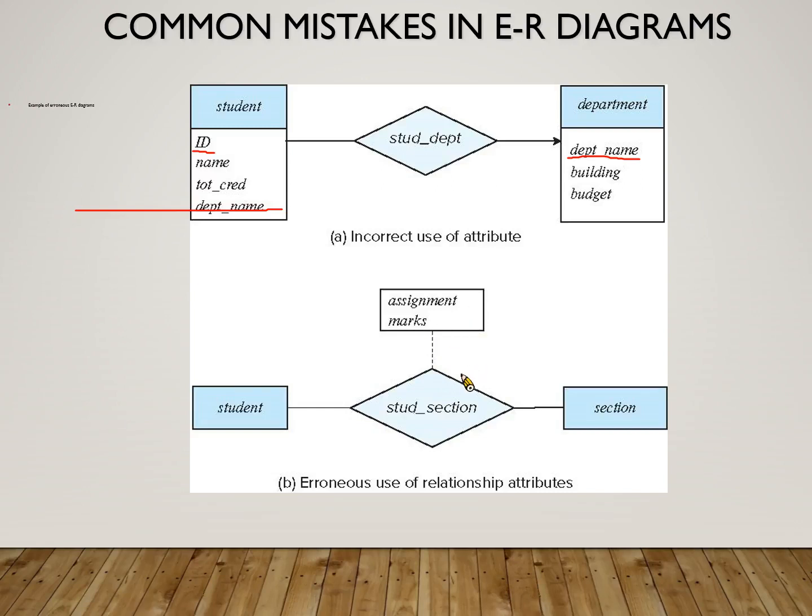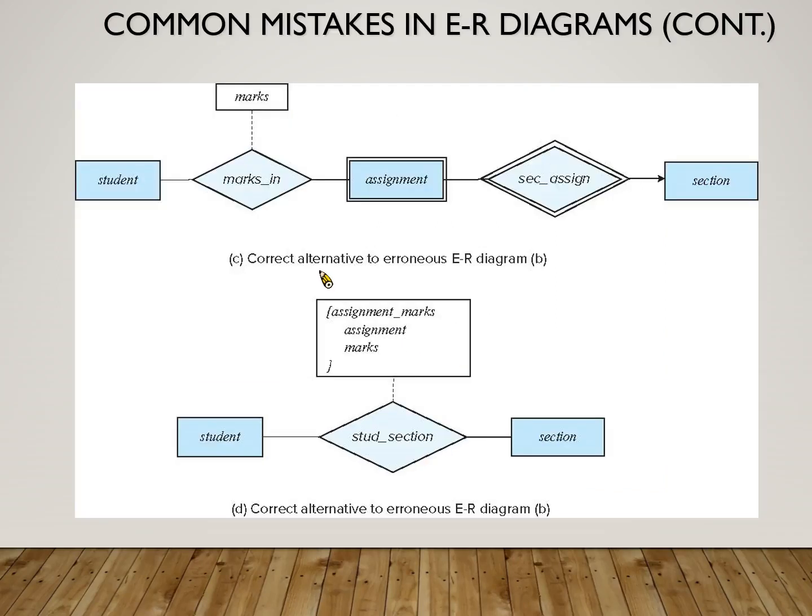So it's not suggested to have an attribute that contains different meanings and put them together as attributes for this relationship. There are some alternatives to help us correct this erroneous ER diagram.